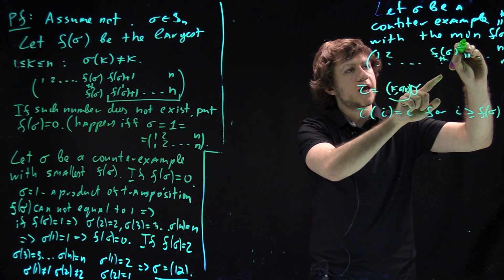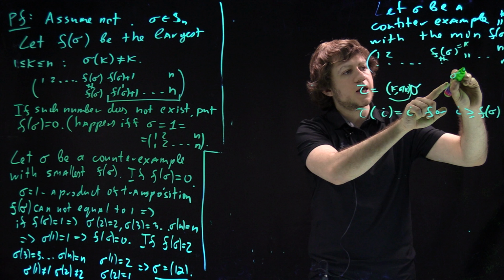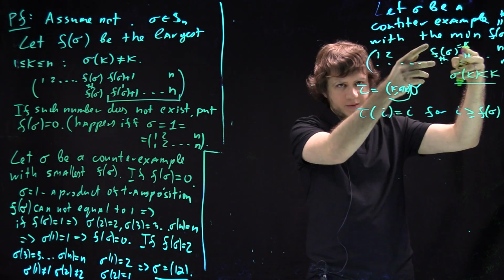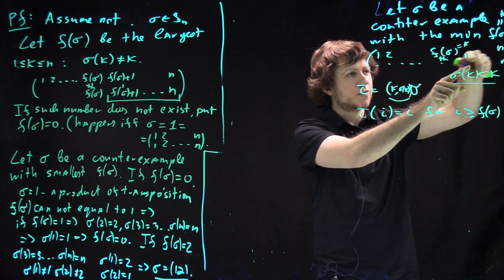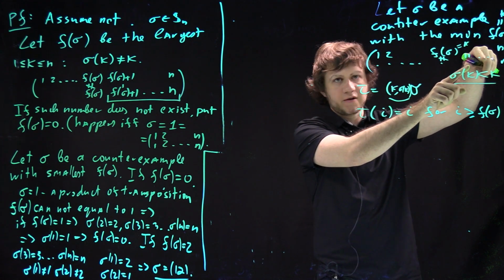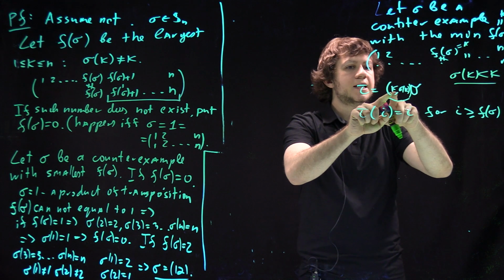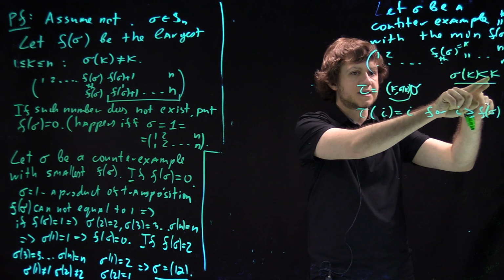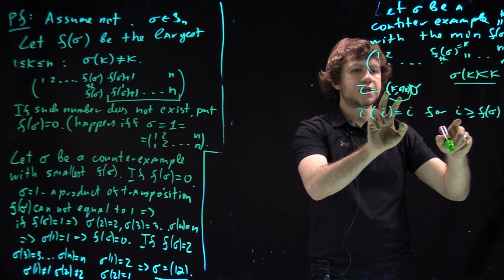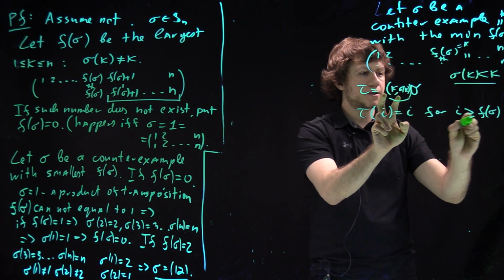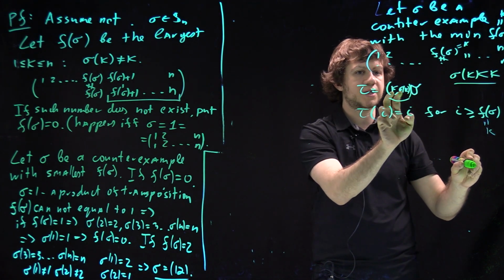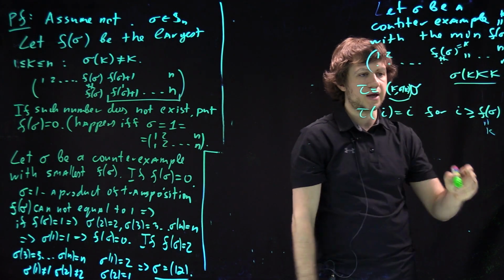So if this is k, then we know that sigma of k is actually strictly less than k, because we know that it is a bijection, so k cannot go anywhere here because all elements here already have preimages. So sigma of k is less than k, and so this permutation fixes everything except k and sigma of k, so definitely everything after k.